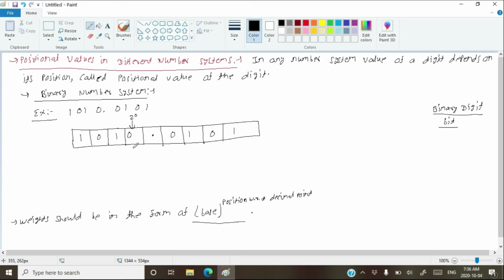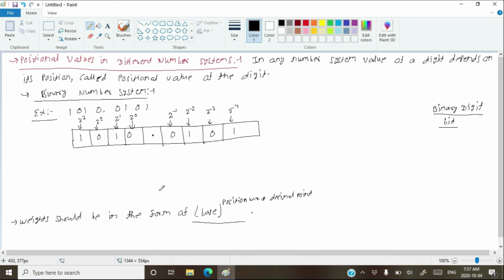Of course, we have to give the weights to the non-fractional part of the number starting from right to left, and we have to start from 2 to the power 0. 2 is the base and 0 is the position with respect to the decimal point. So 2 to the power 0, 2 to the power 1, 2 to the power 2 and 2 to the power 3. After that you have 2 to the power minus 1, 2 to the power minus 2, 2 to the power minus 3 and 2 to the power minus 4.